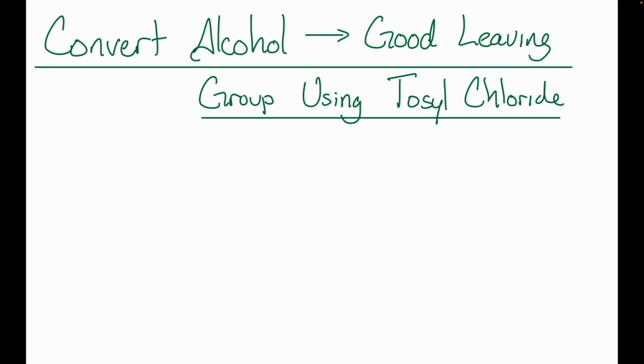Okay, so this is a very special reagent here. Its goal in life is to convert a hydroxyl group into a good leaving group. All right, so let's note that this strategy would work for primary, secondary, or tertiary alcohols.